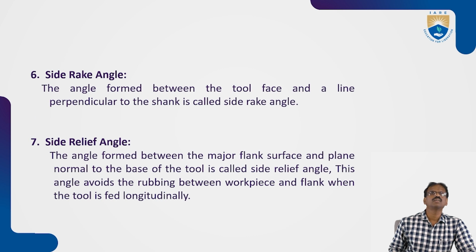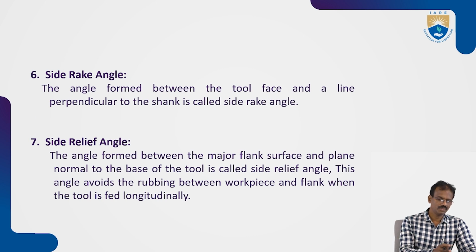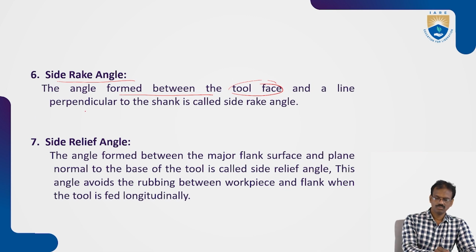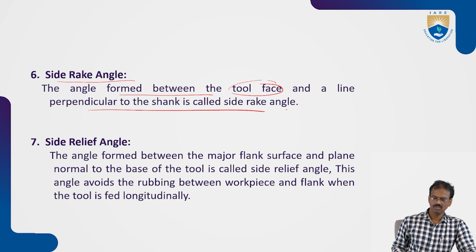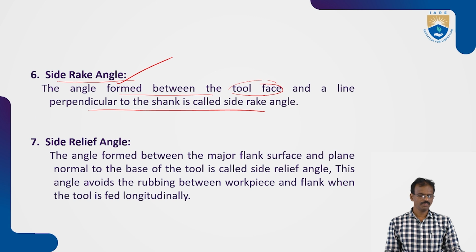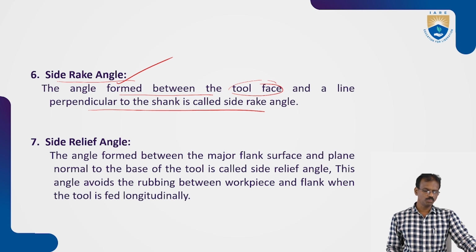Side rake angle, if you see from the side view, is the angle formed between the tool face, the rake face, and the line perpendicular to the shank. So this is the side rake angle. Rake angle is very important mainly for the formation and movement of the chips.